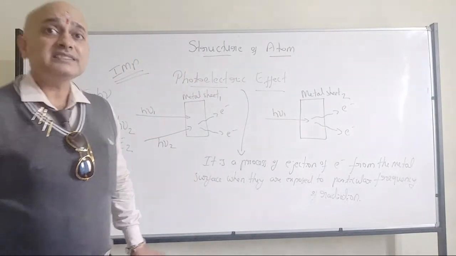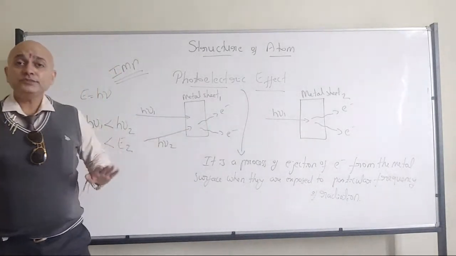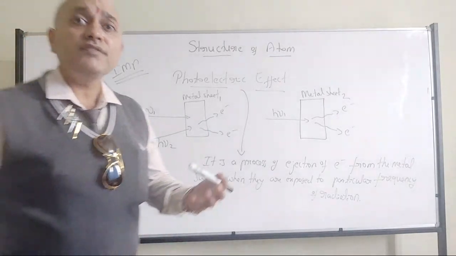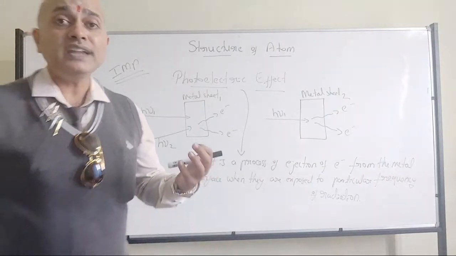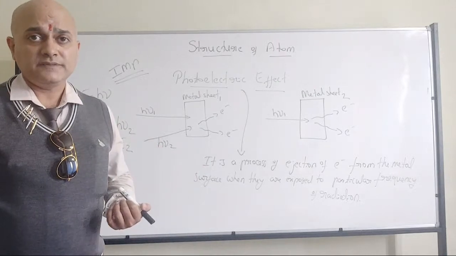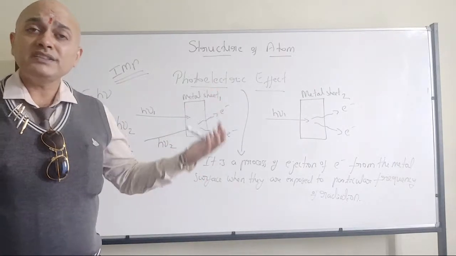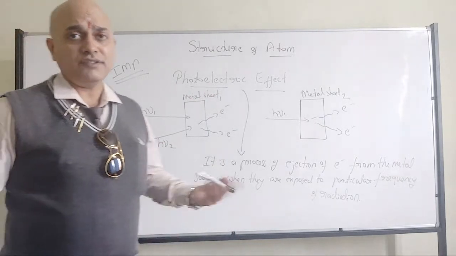So based on this I can tell that each metal demands a particular frequency of radiation to show the photoelectric effect. Each metal will require its own frequency of radiation to show the photoelectric effect.